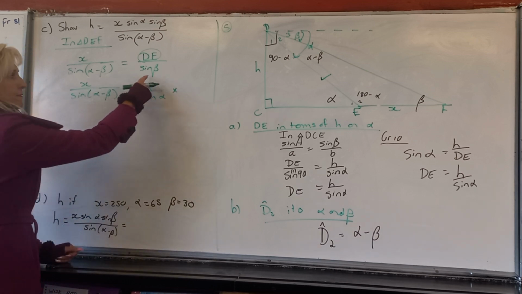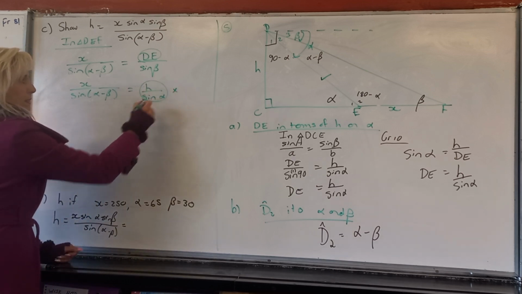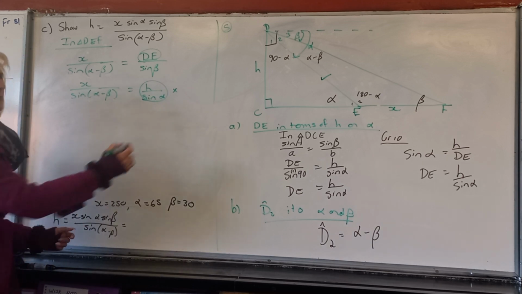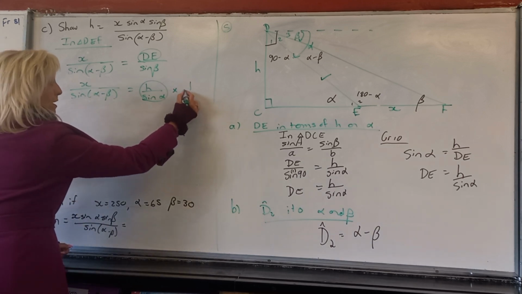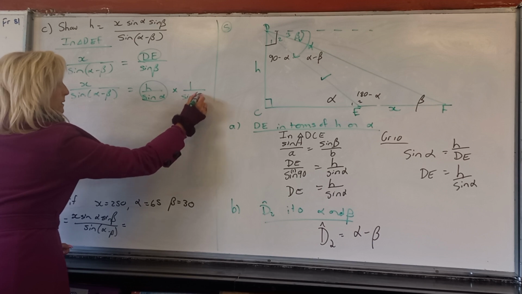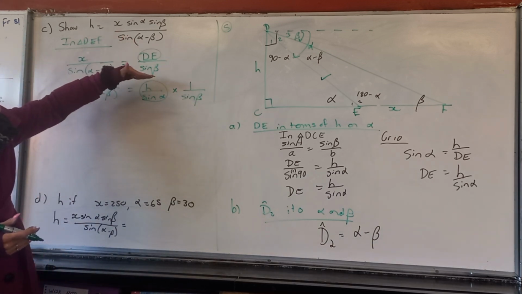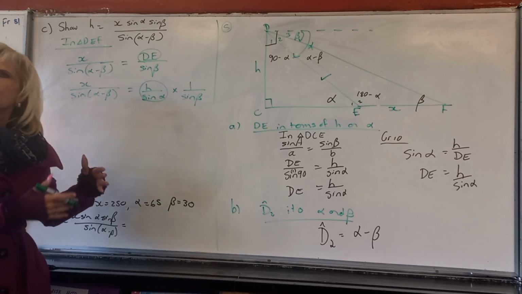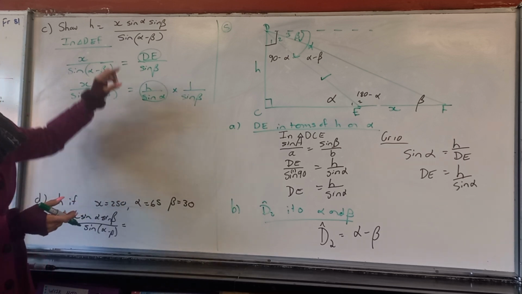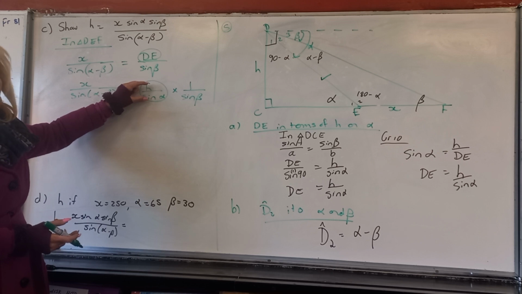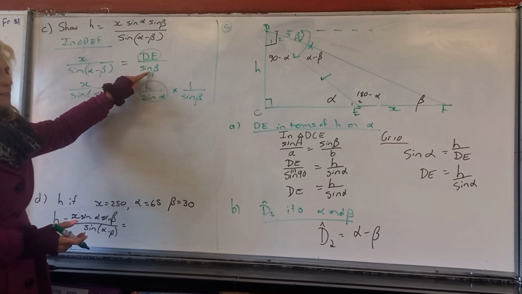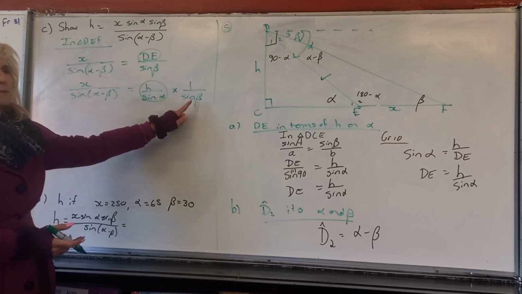That's what I'm just going to do now. Instead of saying divide that by sin beta, can I write times 1 over sin beta? Because you're going to have to sort out the problem of 3 things on top of each other sometime. So it's a good technique to also now learn. If I know DE is a fraction, I don't want it like that. I'd rather say instead of divide by sin, times with 1 over sin.